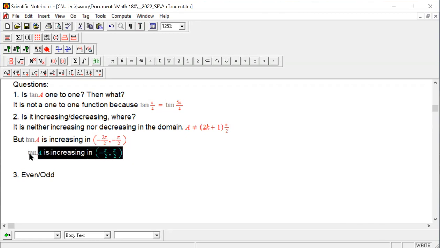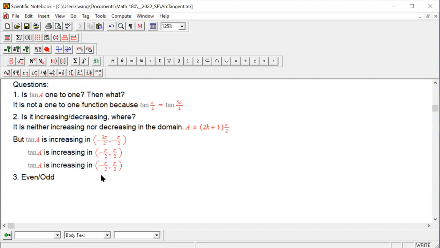It is also increasing from pi over 2 to 3 pi over 2. There are many, many intervals, all these intervals, so we can keep going making that description, et cetera.